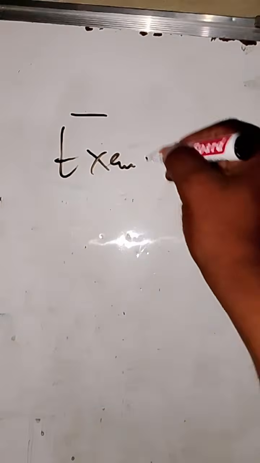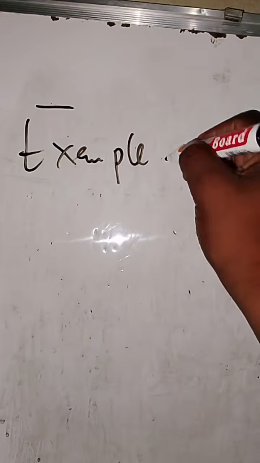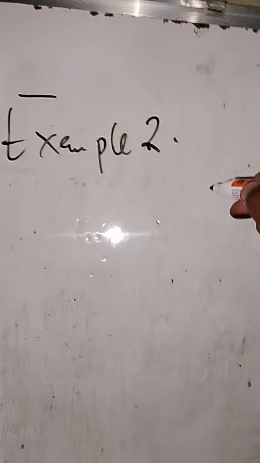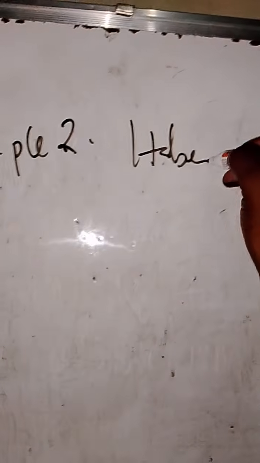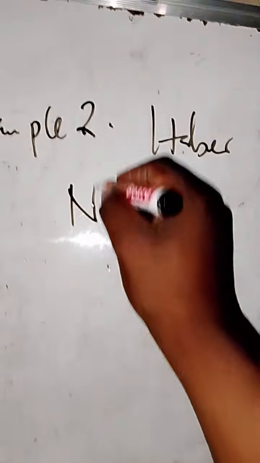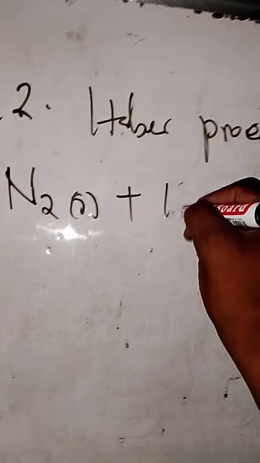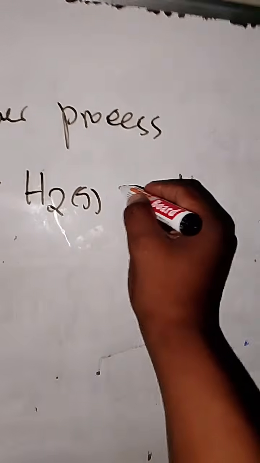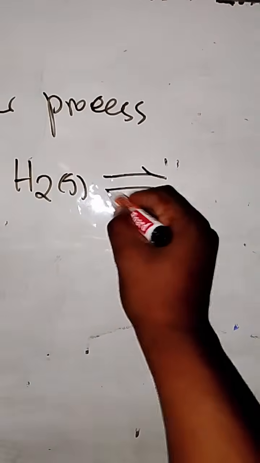Okay, so we can have another example. Example 2: the Haber process, for the production of ammonia. We have nitrogen plus hydrogen gas gives us ammonia.